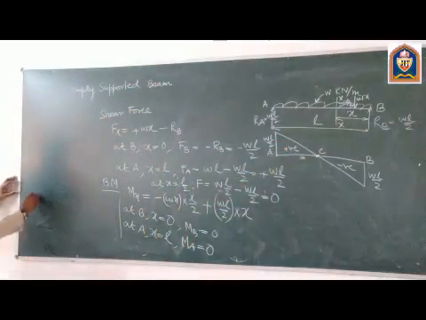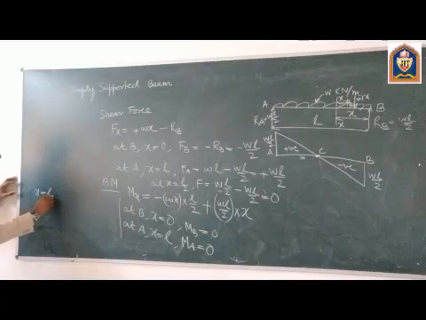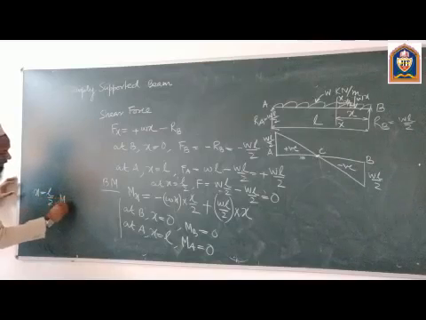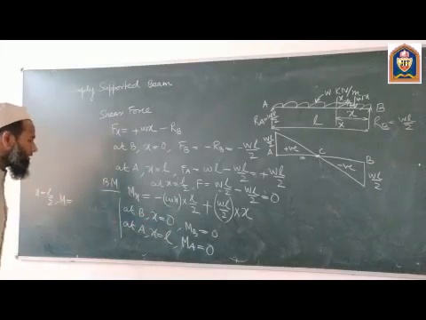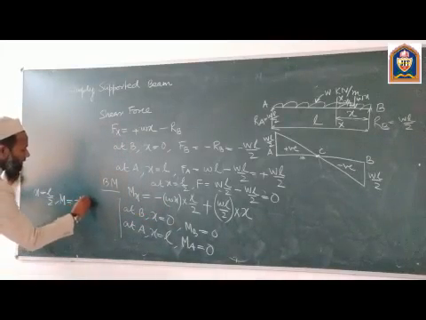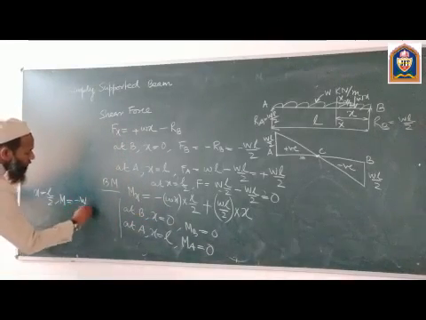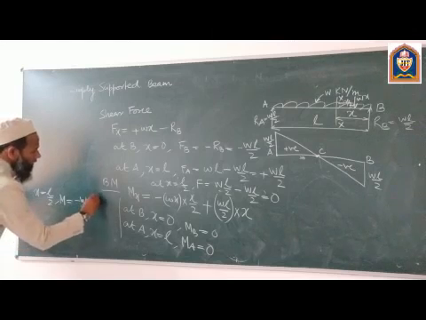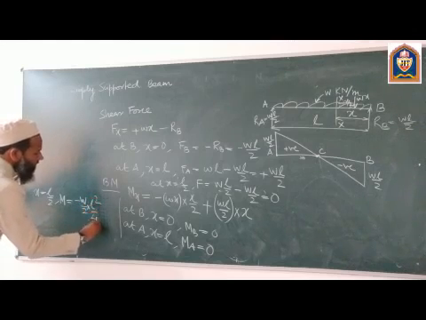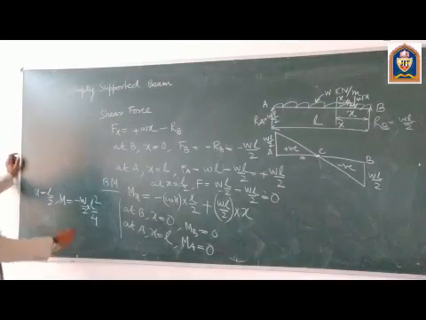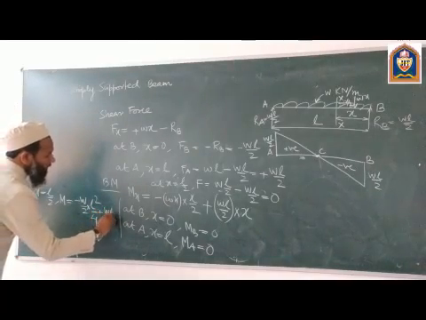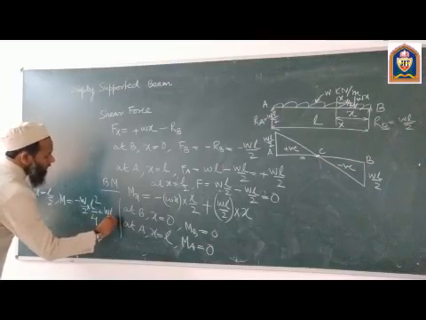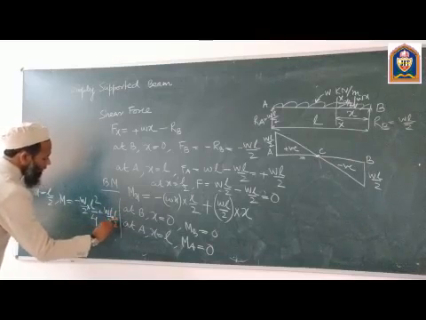So at this point we will have the maximum bending moment. Let us calculate at x is equal to L by 2 what is the value of the bending moment. So this is minus W by 2 L square upon 4 plus WL upon 2 multiplied by L by 2.